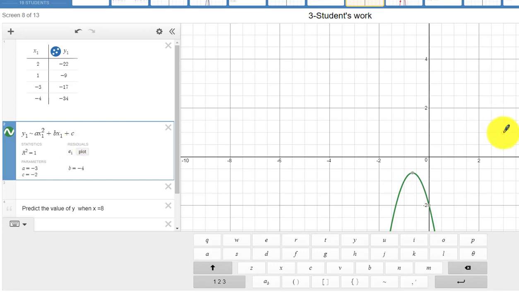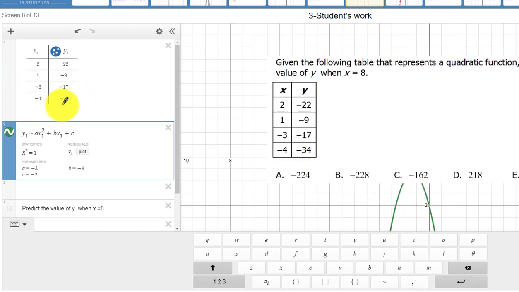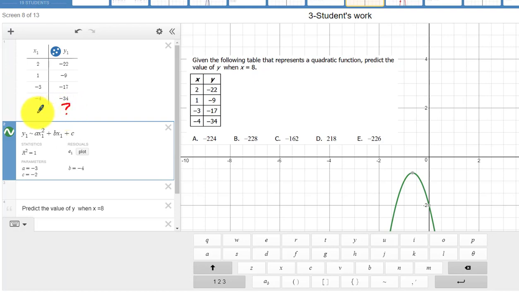We need to find what will be the value of y if x is equal to 8.